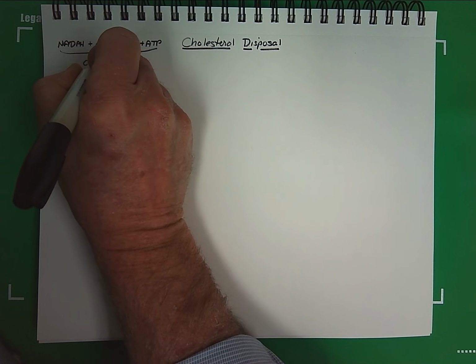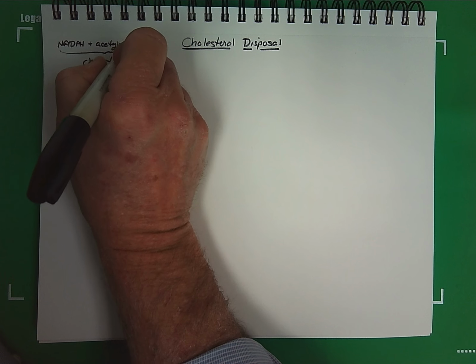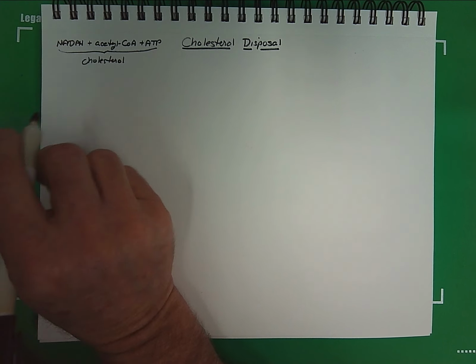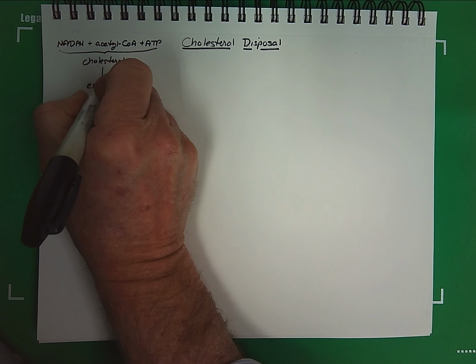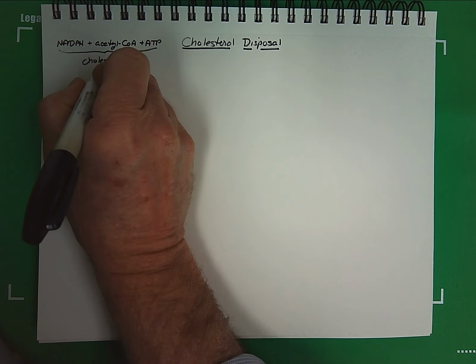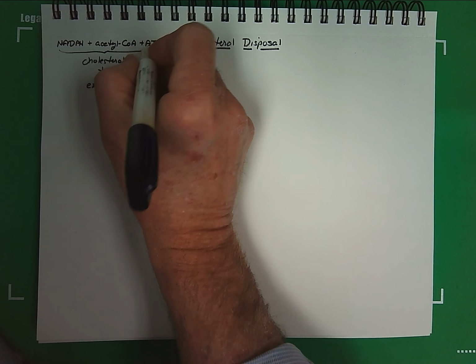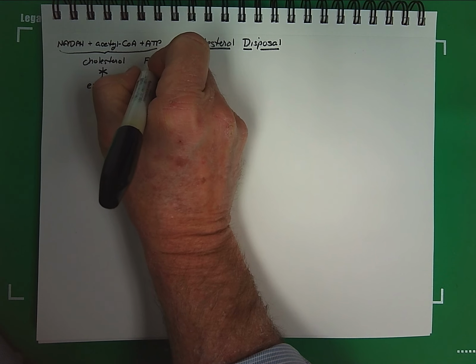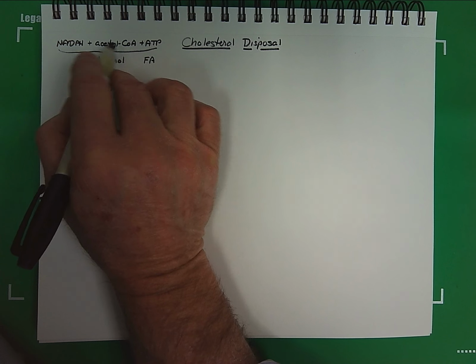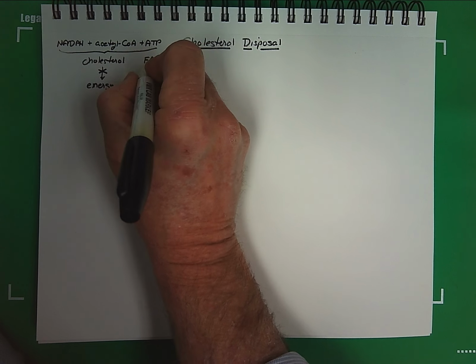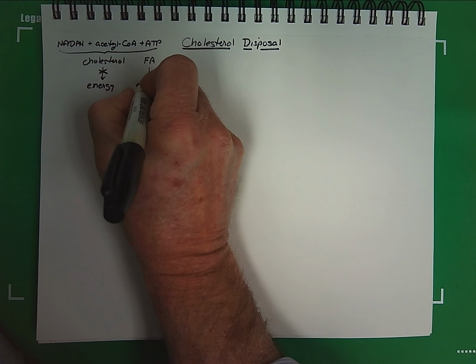Now, an interesting fact about cholesterol is that once we make cholesterol, we cannot break this down to generate energy. We've seen that when we store all of our acetyl-CoAs in the form of fatty acids using lots of NADPH, ultimately we can take this and derive energy.